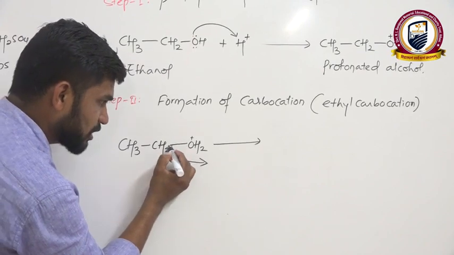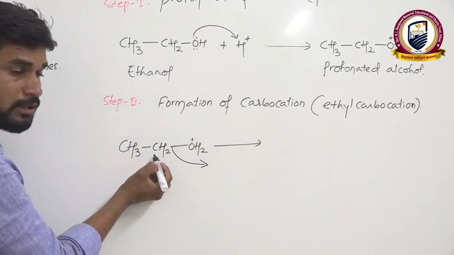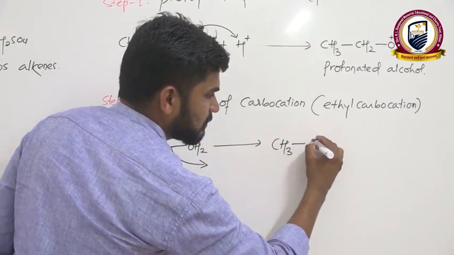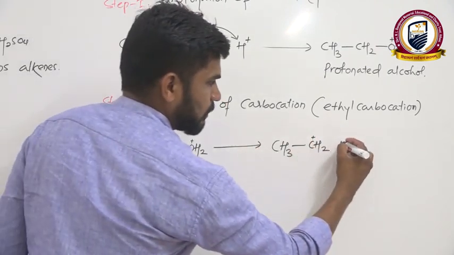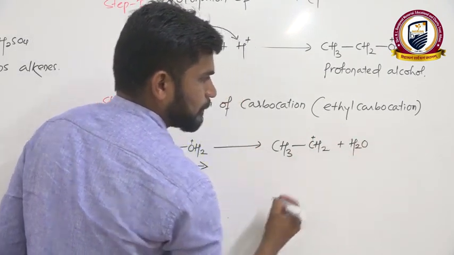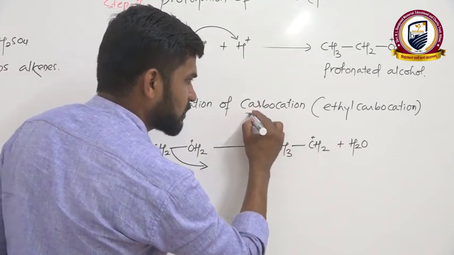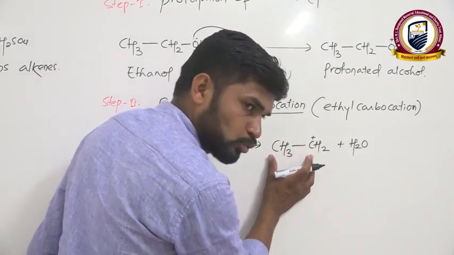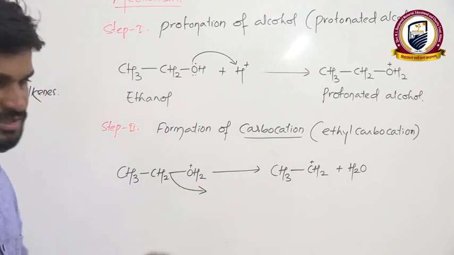Since these shared pair of electrons are going with oxygen, this carbon will carry a positive charge. That is written as CH3CH2 plus with the elimination of water. As the carbon is carrying a positive charge, that's why this is called carbocation. It has two carbon atoms, so it is called ethyl carbocation. This is the second step.